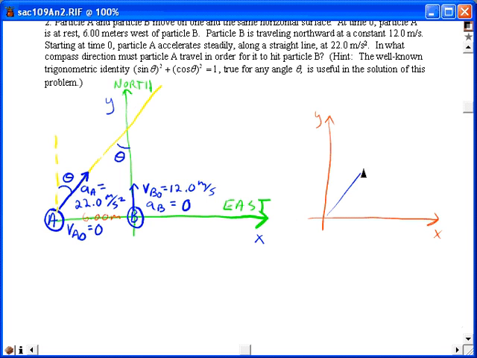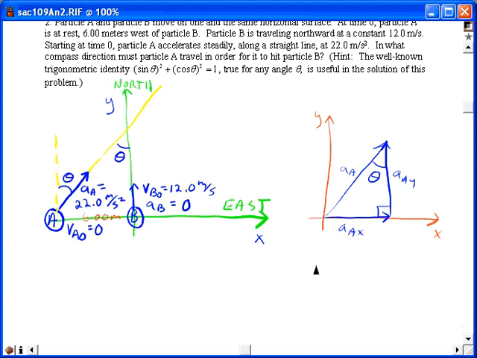So I'll put the acceleration vector of particle A, I'll call that a_A, and that's the vector sum of a_Ax and a_Ay, where the angle that I've got in here, which is just that compass heading, appears right here.